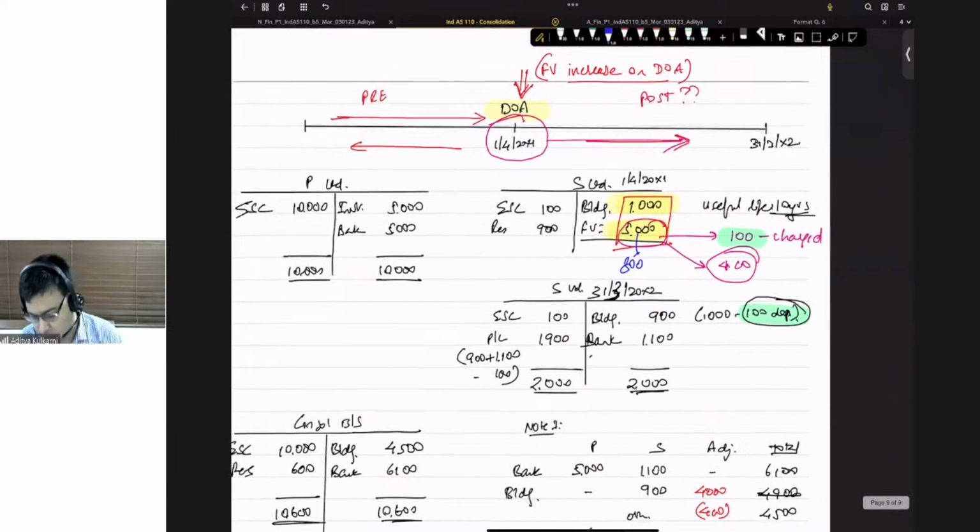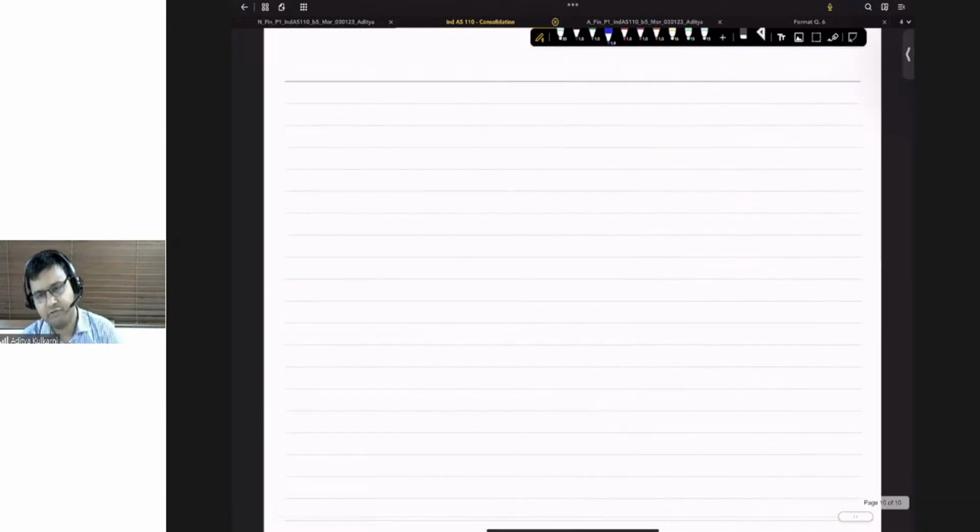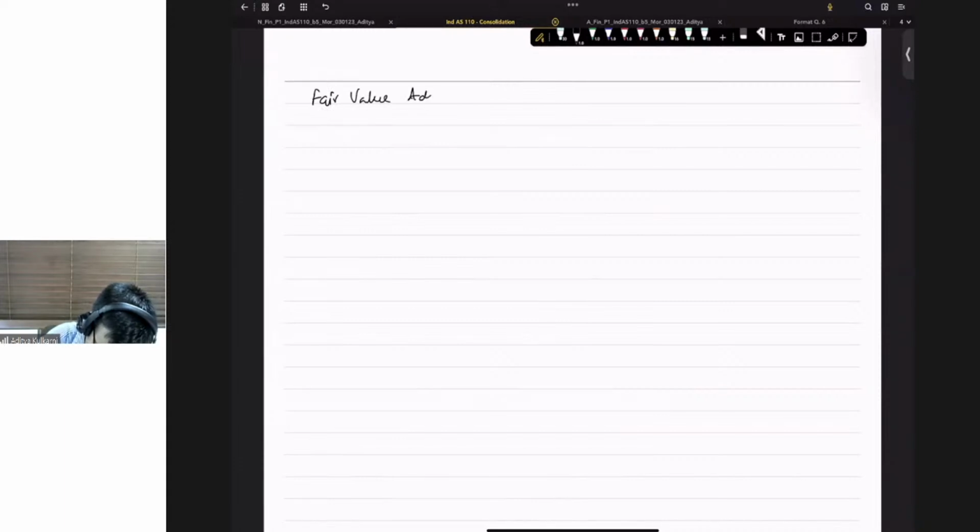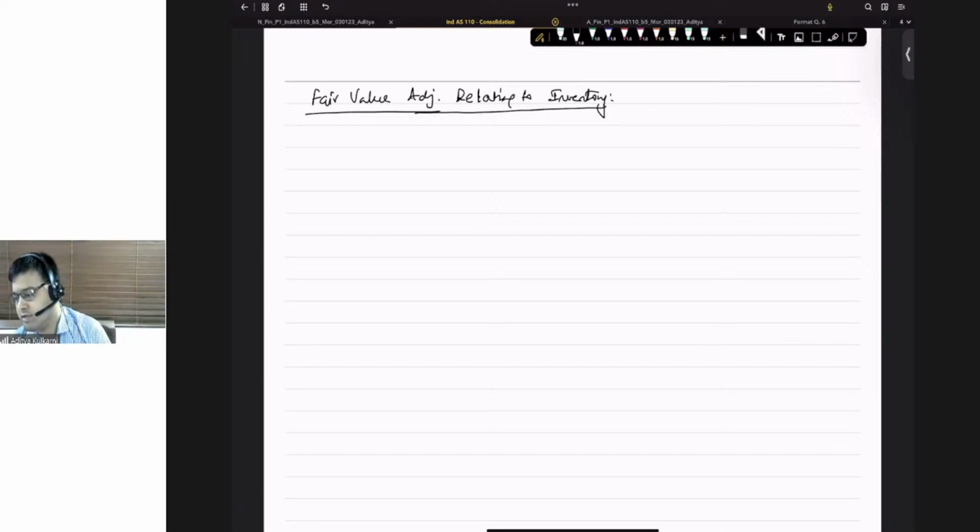Now let us move on to the next fair value concept, fair value adjustments relating to inventory.